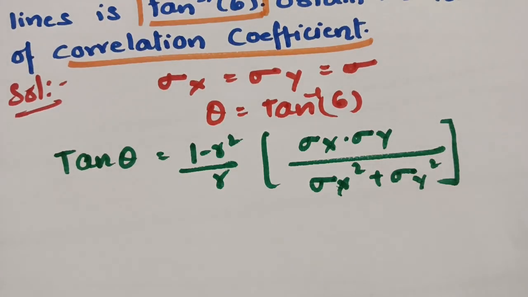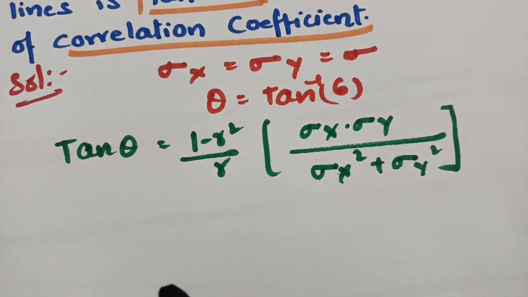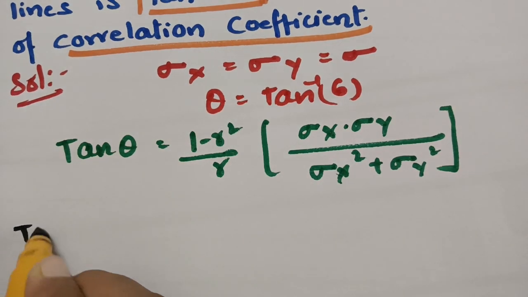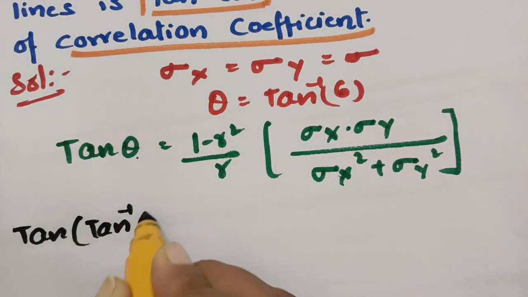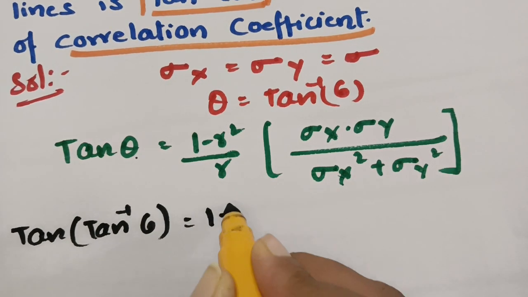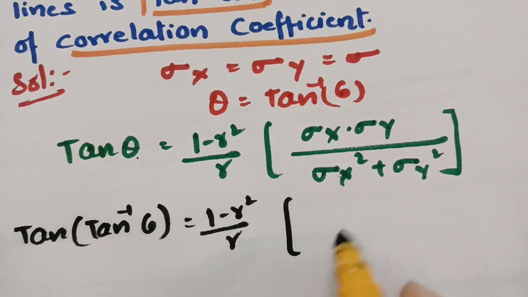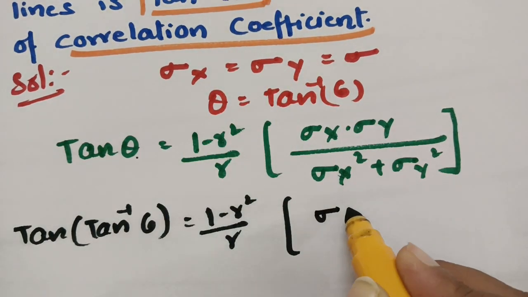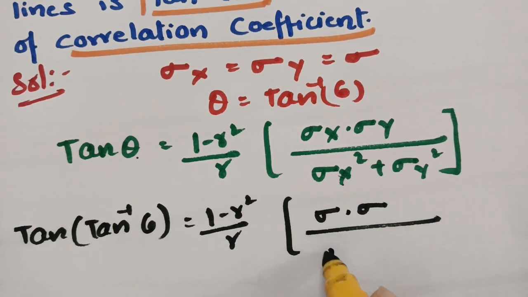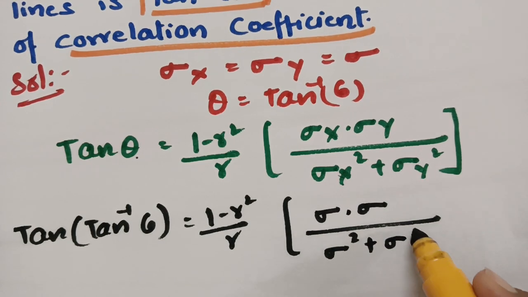So now I am going to substitute all the values here. In place of theta, I am going to substitute tan inverse of 6. So this is (1 minus r square) by r. Sigma x is equal to sigma, and sigma y is also sigma, so I am writing sigma in each and every place here.